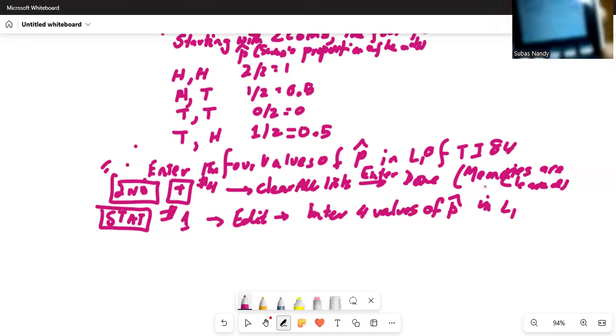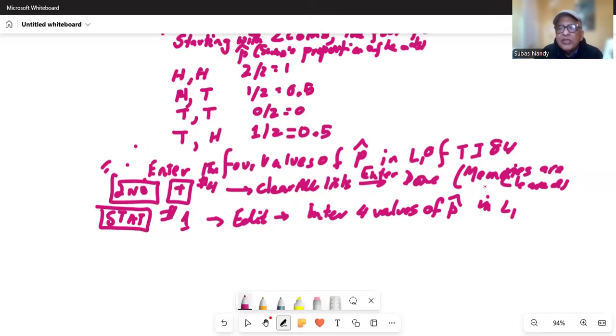Then stat button in the second row, then number 1 is edit, then enter the 4 numbers in L1: 1, 0.5, and then 0.5. 0 is a possibility too. These are the proportions of heads in each of the samples.